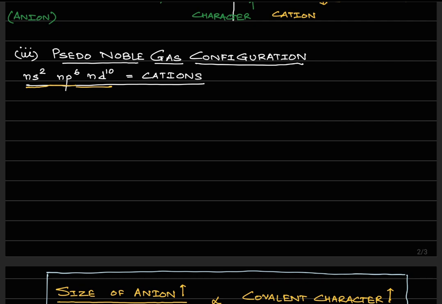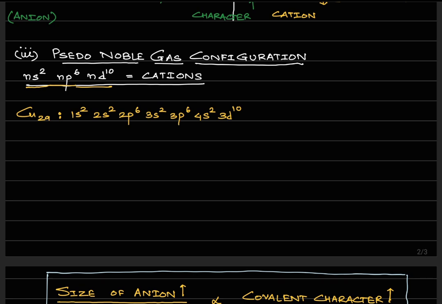Let me give you an example. Let's suppose we talk about copper. Copper is 29, and the electronic configuration is 1s2 2s2 2p6 3s2 3p6 4s2 3d10.